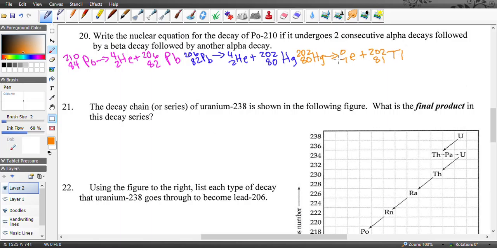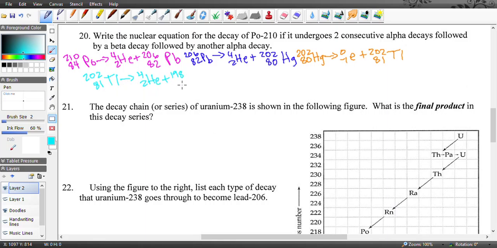And then another alpha decay. Sometimes these can be a little longer. So 202, 81, another alpha, 4 2 He, plus, okay, 202 minus 4 is going to give us 198.